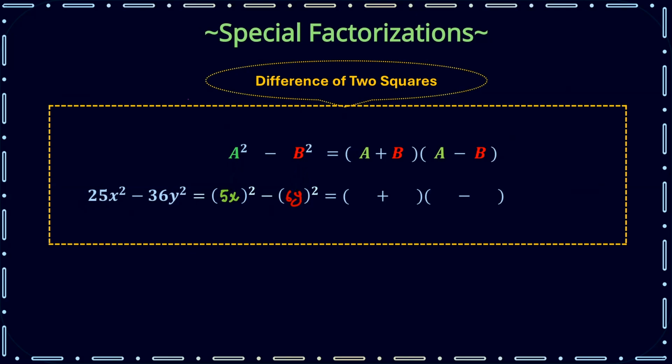Each spot stands for A or B. So we decided that A here is 5x, so you write 5x for A, and then B is 6y.